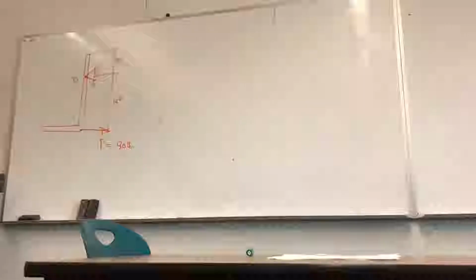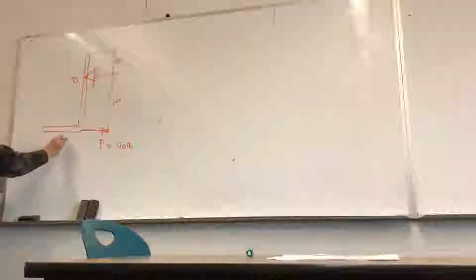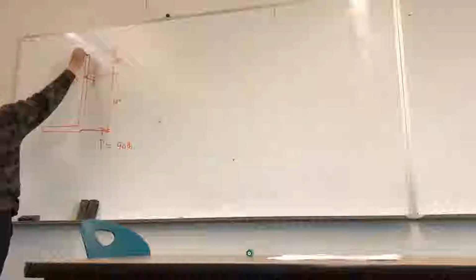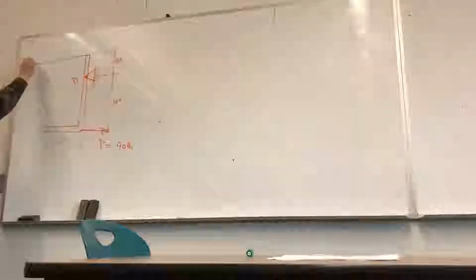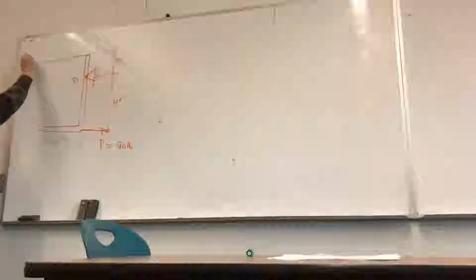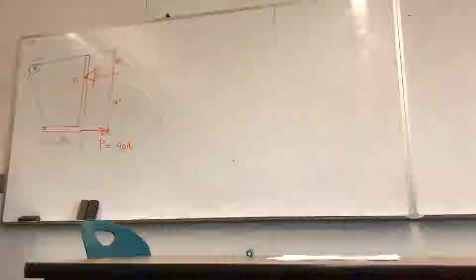Obviously, this structure is not stable, so what we will do is attach, and this is, by the way, 7 inches, a cable here that goes around a pulley at this point and comes around and is attached to this end.